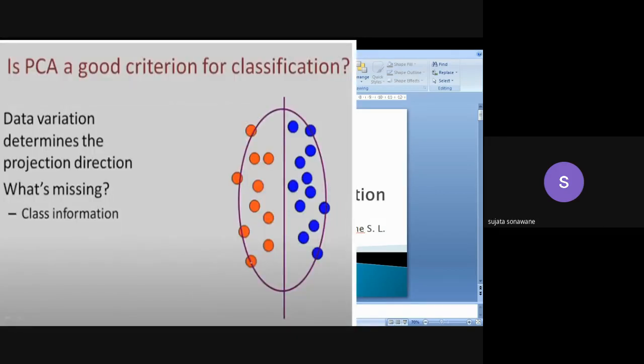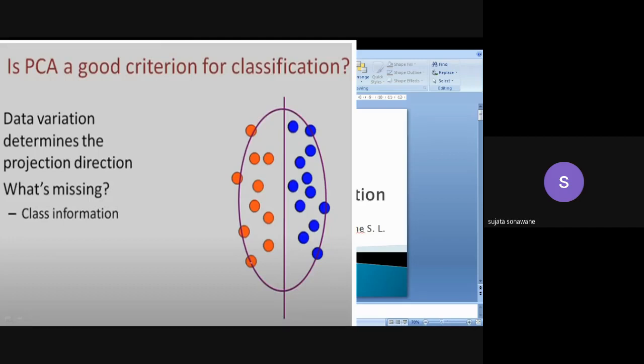Now you can see that we have certain points over here. Some points are given in orange color, and some points are given in blue color. In between these two classes, we have drawn one line. When we draw such a line, what will happen?